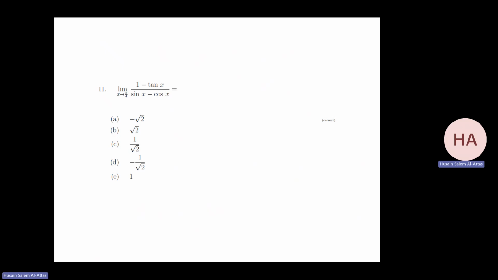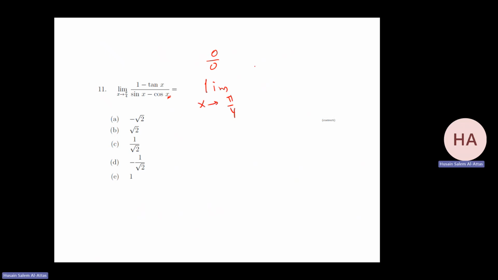This one. Notice first, by the way, this is not a special limit. Since I notice first, x goes to pi over 4, huh? And the argument is x. But if I substitute, I'm getting 0 over 0, so it means I need to do something. That's not a special limit, but you can think of it this way.